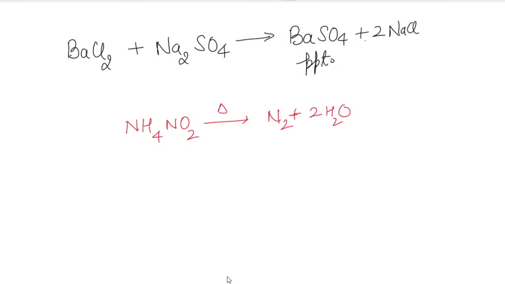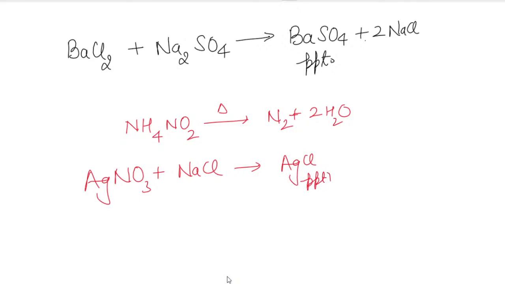So, this is also an irreversible reaction. Any precipitation reaction, see like silver nitrate with NaCl, you know silver nitrate test for chloride. So, we get AgCl as a precipitate along with sodium nitrate.